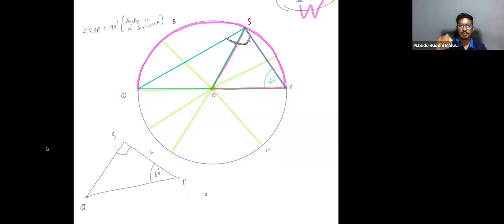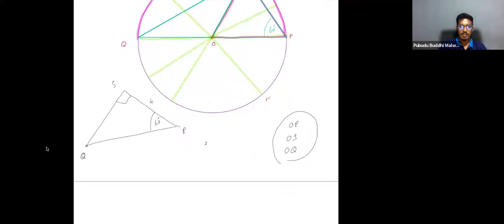I drew that QSP triangle because that's a right angle triangle. Now, how would you compute OP, OS, OQ? That's the question, right? For this case, we have that length 4, so we should use that.